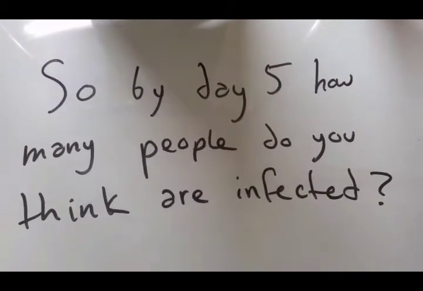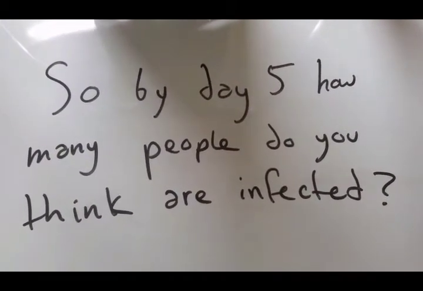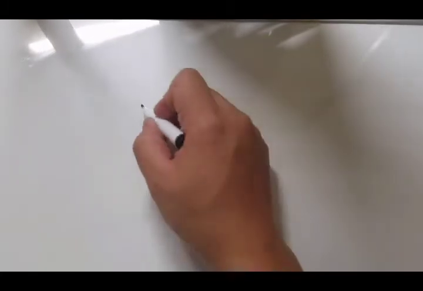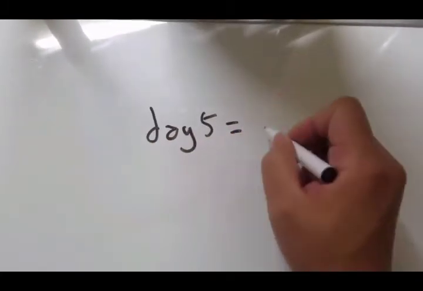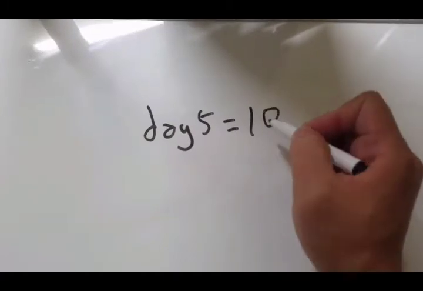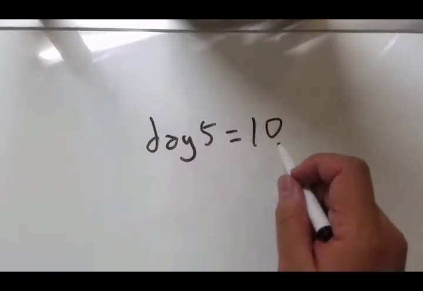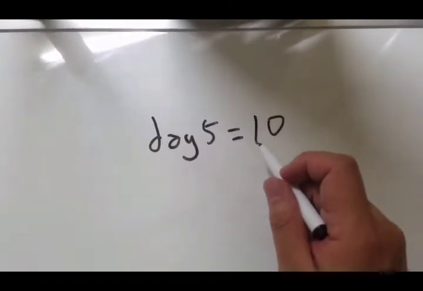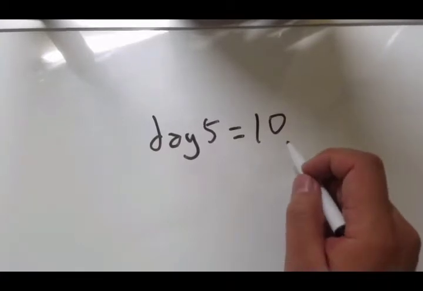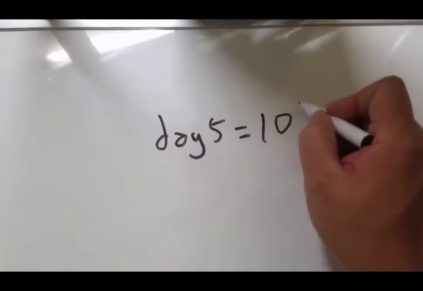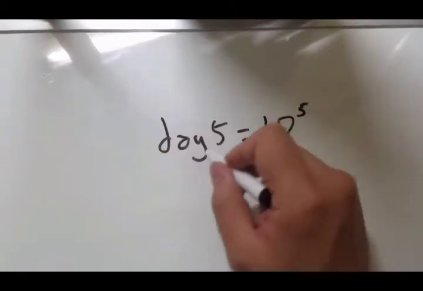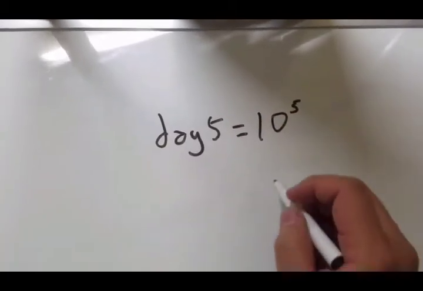So by day 5, how many people do you think are infected? We can just use that simple formula that we have made, using day 5 equals 10 as our base. This will always be the same because that's how many people per zombie can infect. And 5 as our exponent because there's 5 days that we're looking for.